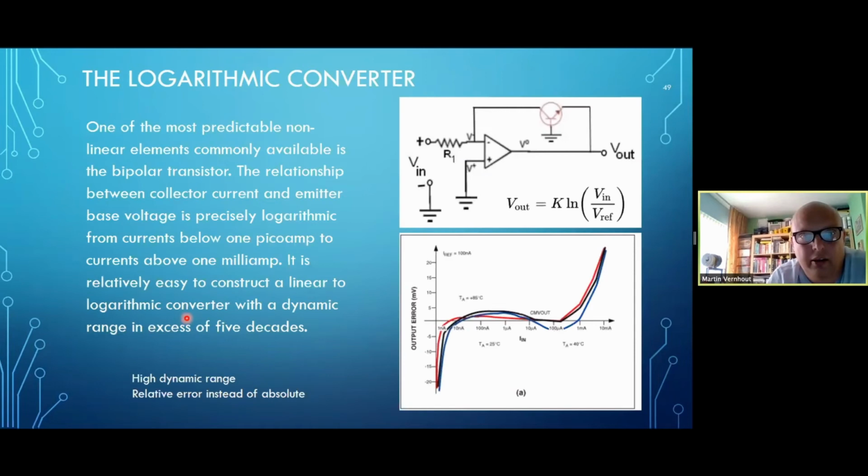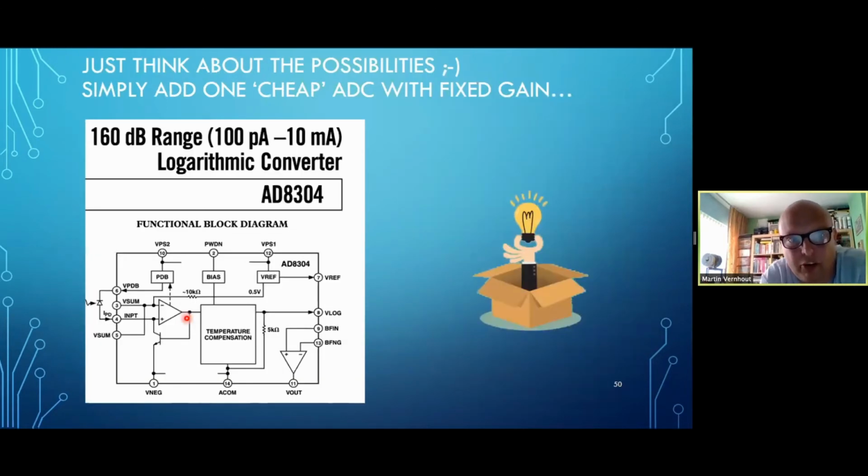And therefore, we have logarithmic converters. And a logarithmic converter can do something very smart. It can have a very high dynamic range converted to a smaller range by the sacrifice of moving an absolute error to a relative error. So for example, this one, it can measure current from 100 picoamps to 10 milliamps.